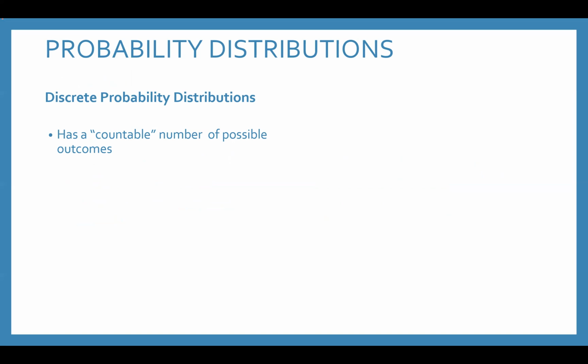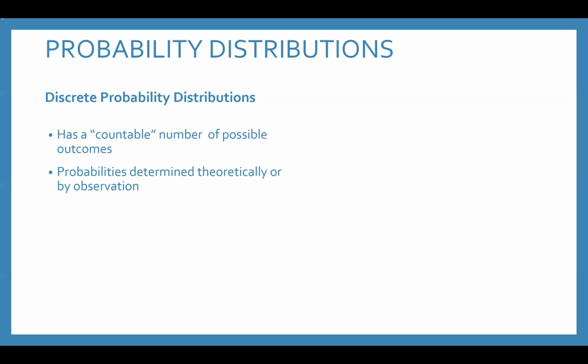So you have a discrete probability distribution which has a countable number of possible outcomes. Again, think about our discrete data. We have whole units, so I might be looking at how many times, if I flip a coin 10 times, how many times do I get a head? How many times do I get a tail?